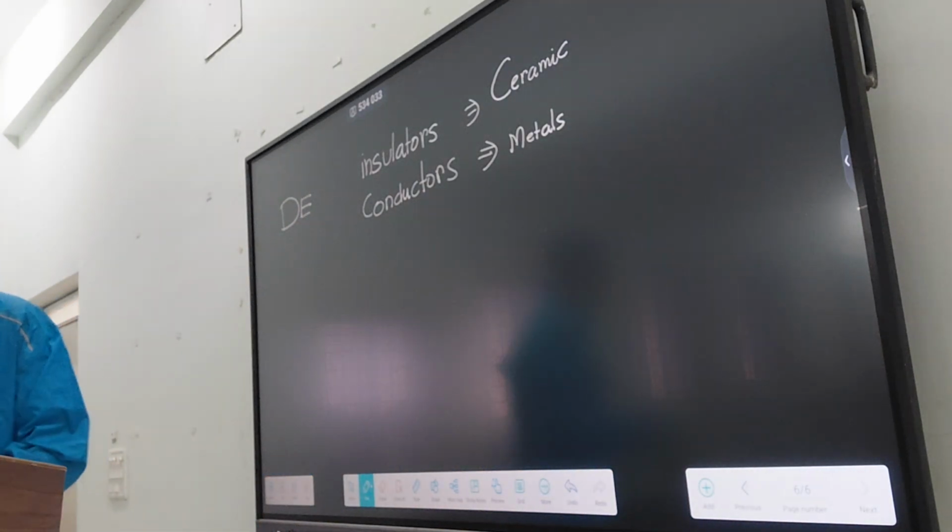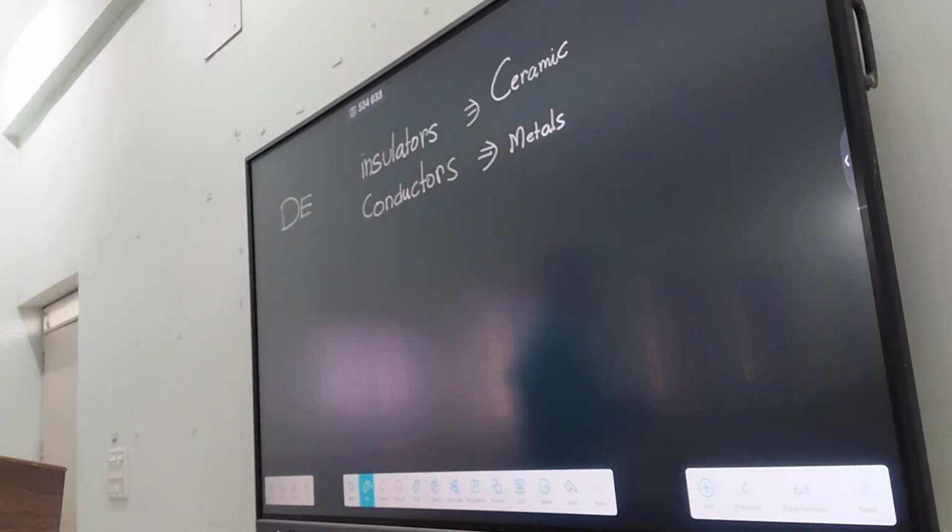ठीक है. Give an example of a ceramic material. Ceramic material कैसे बनता है? Basically carbides, nitrides, oxides, sulfides. So a metal and a non-metal compound is ceramic material.